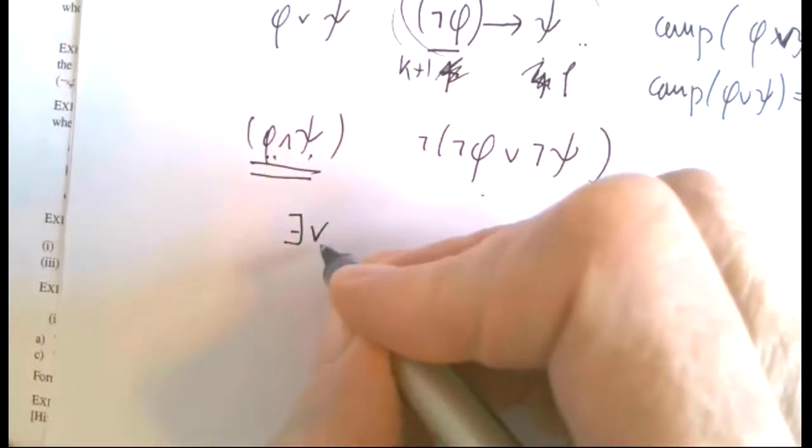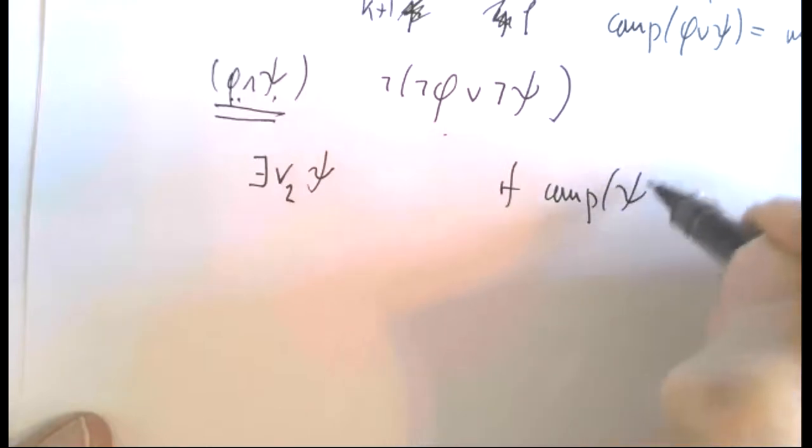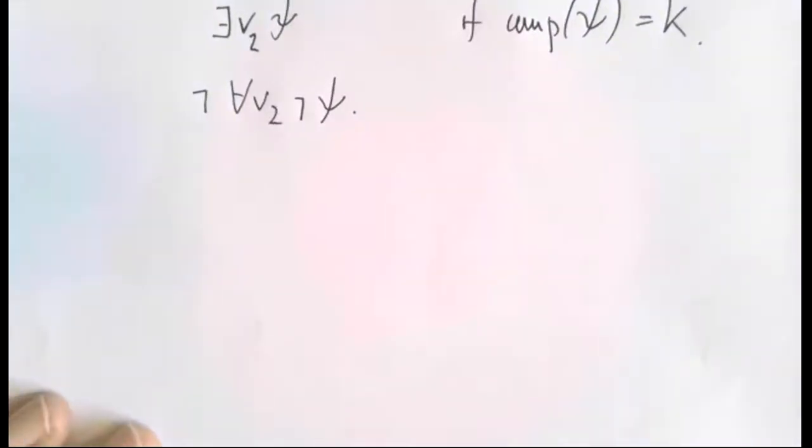And again, if we're going to work out what the complexity of this is, suppose the complexity of psi is k. Well, we just have to be a little bit careful because we are thinking of this as not for all v2, not psi.